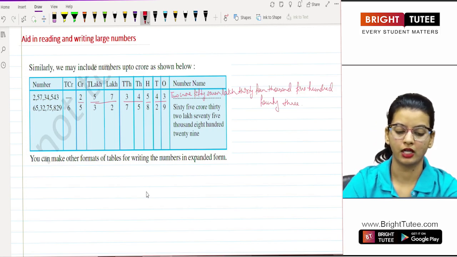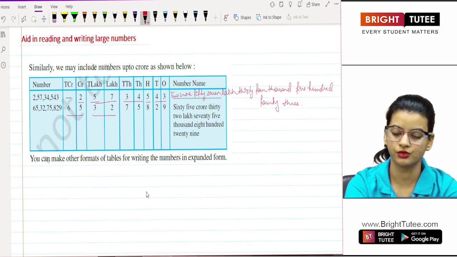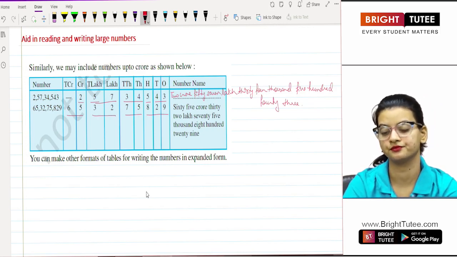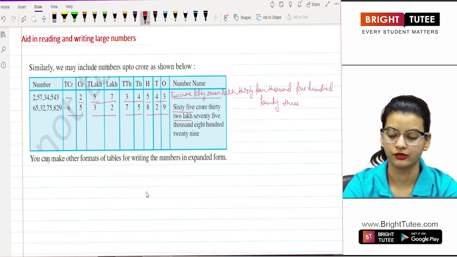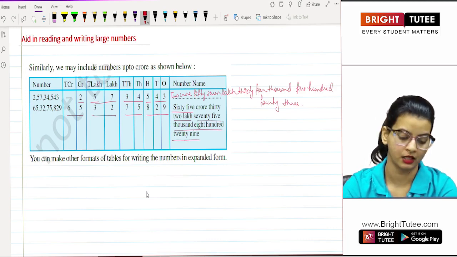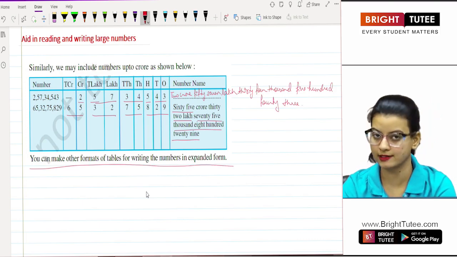Okay. Now another number is 65 crore 32 lakh 75,829. You can see how easy it becomes to read this. 65 crore 32 lakh 75,829. So you can make other formats of tables for writing the numbers in the expanded form.